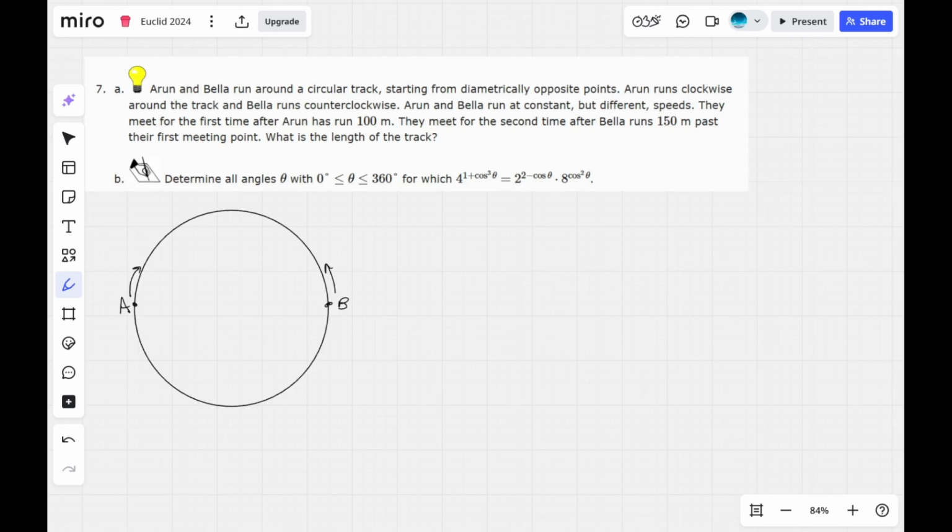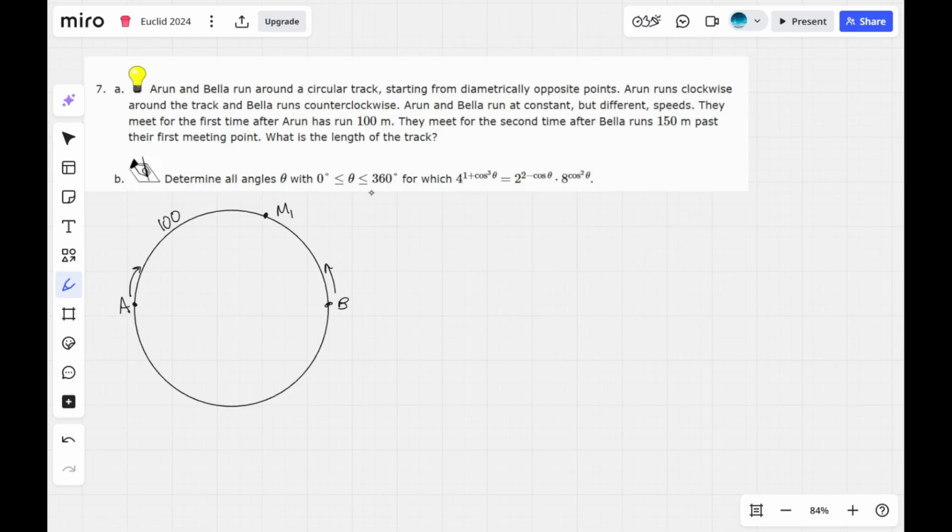And they meet for the first time somewhere on that half of the circle. So let's call the first meeting point M1. We know that M1 is after Arun runs 100 meters, so we can say that this length is 100.